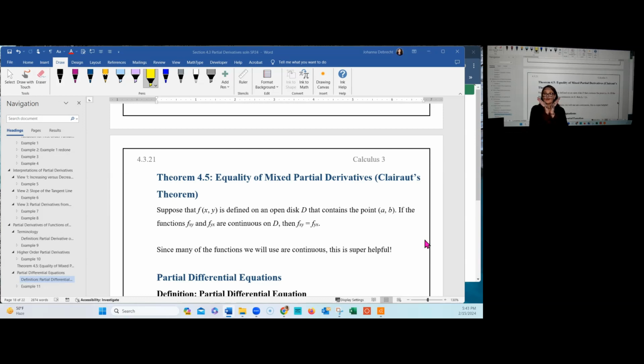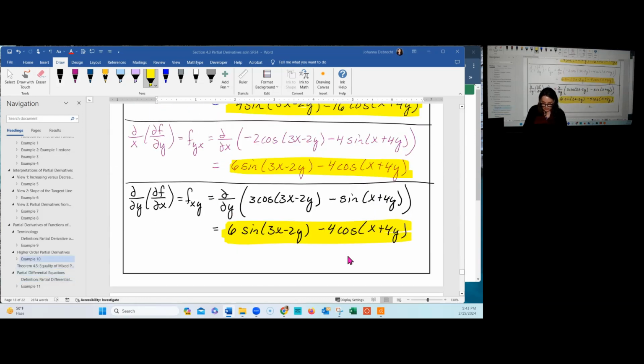Think about the absolute value function with a corner at the origin. It's not differentiable at the origin, but it's definitely continuous there. Clairaut's theorem gives us a condition under which continuity of the mixed partial second derivatives does give us differentiability, and does tell us that they're equivalent.